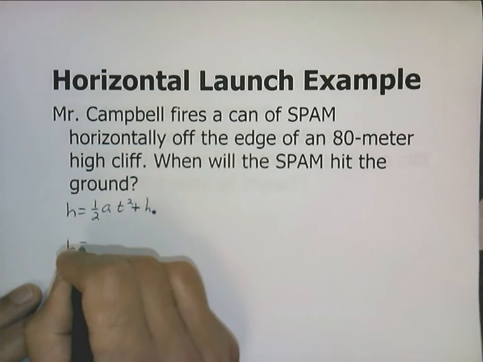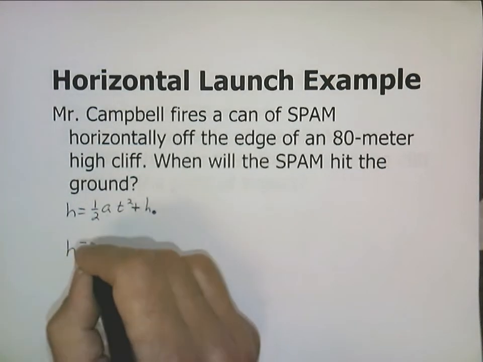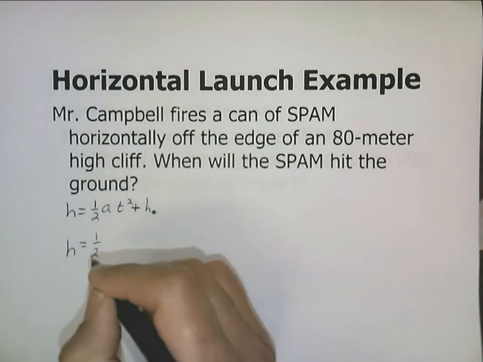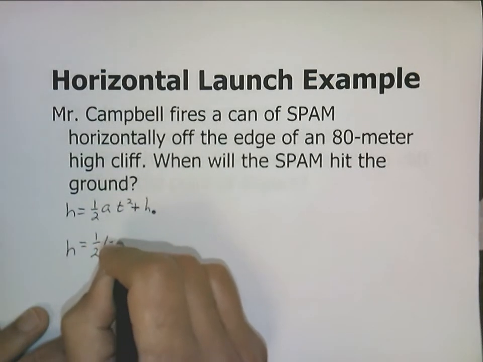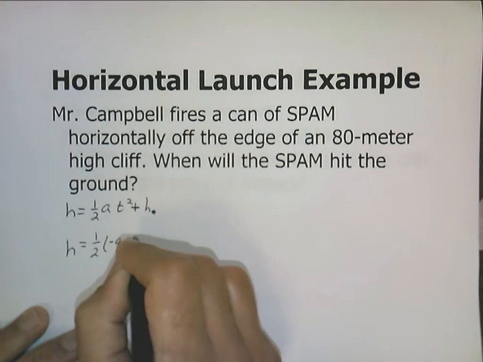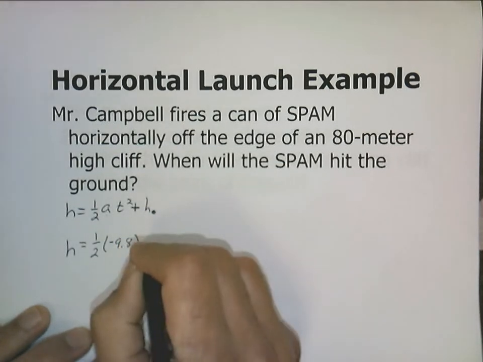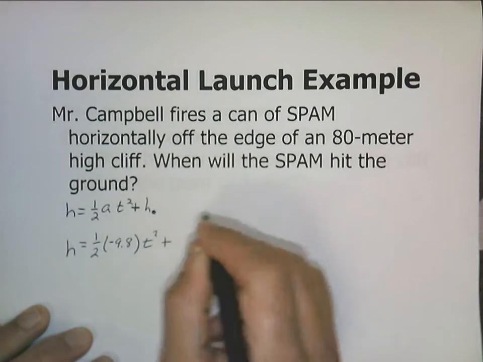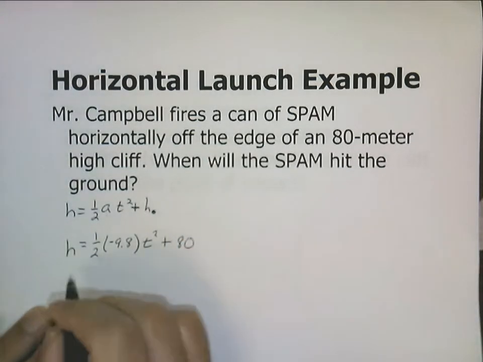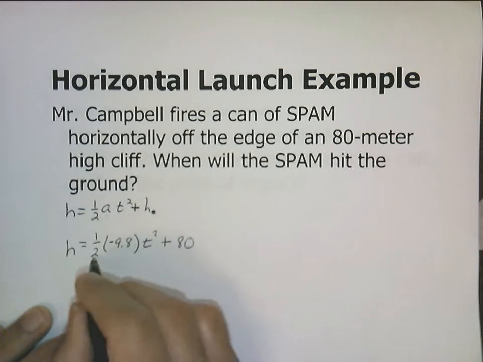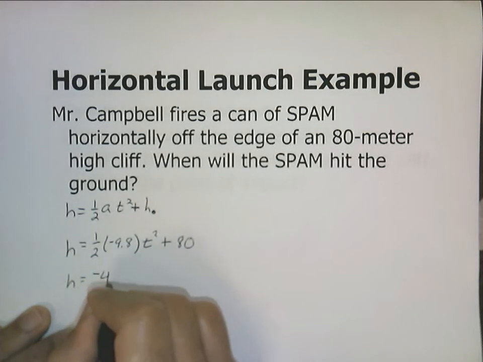So h is equal to 1/2 times negative 9.8 meters per second squared times t squared plus our initial height of 80 meters. Or negative 9.8, half of that is of course just negative 4.9.